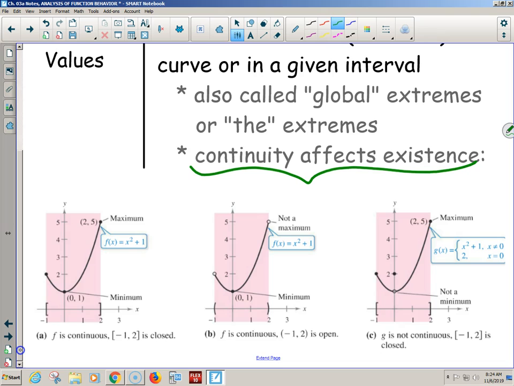And then this one is including the endpoints, but they've put a hole in the middle. There's a hole in this cake. Anyway, how do those discontinuities, whether they're actual discontinuities or whether they're just being ignored because of the intervals, affect the existence of maximums and minimums?